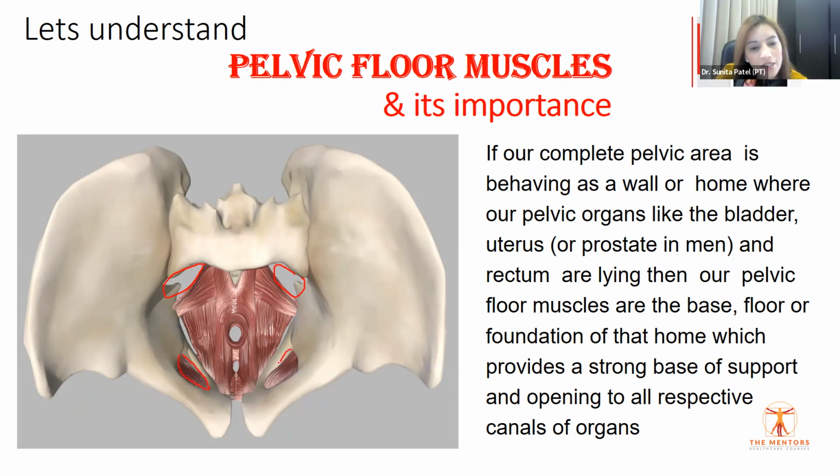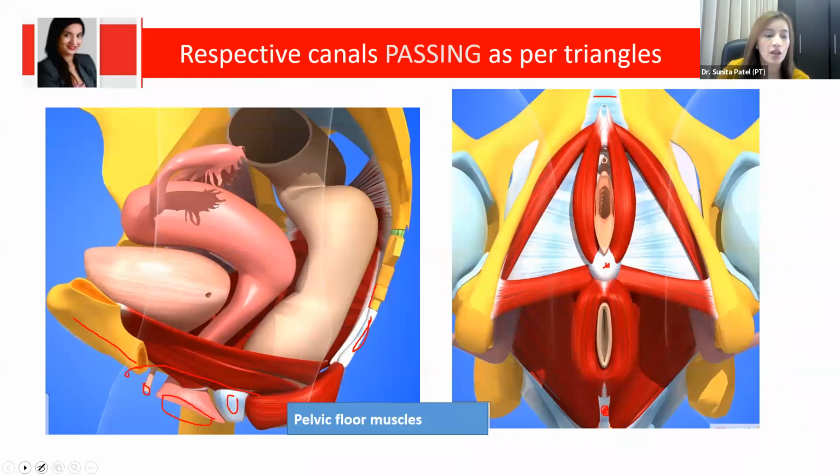These 2 muscles are the accessory muscles. They are not directly related to the pelvic floor, but they are supportive. They are closing the walls. The obturator internus also has a fascia, and the levator ani muscle originates from the internal obturator fascia. So we will understand all this in an upcoming slide.